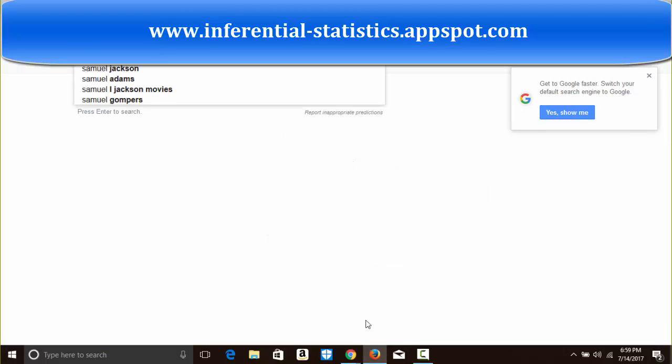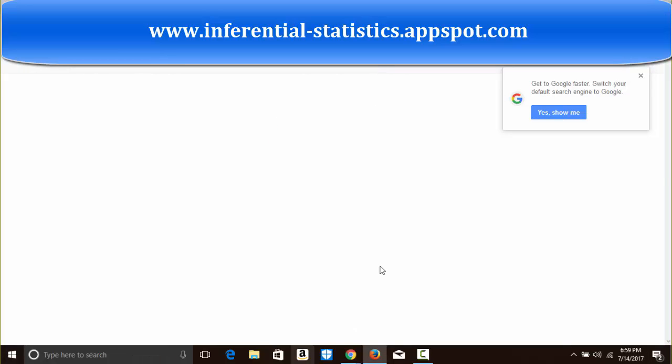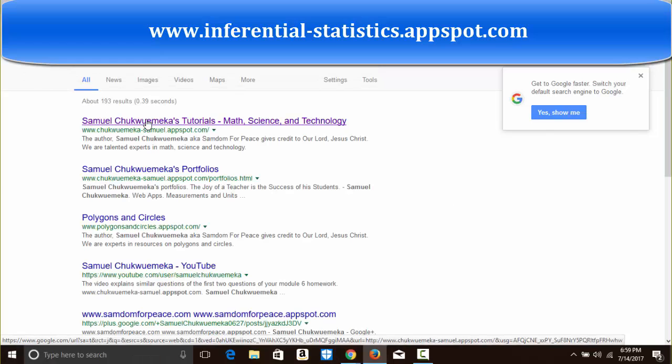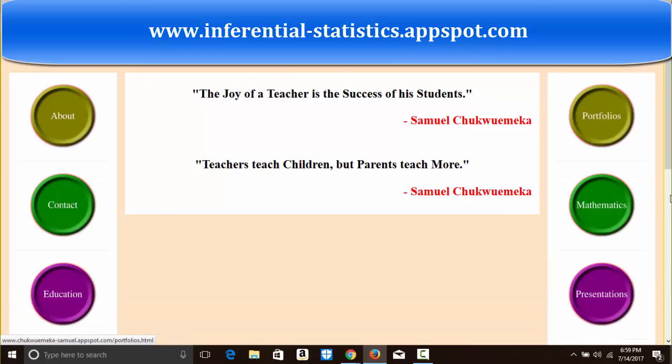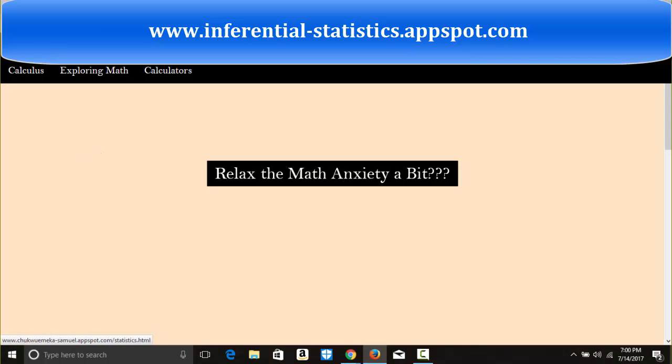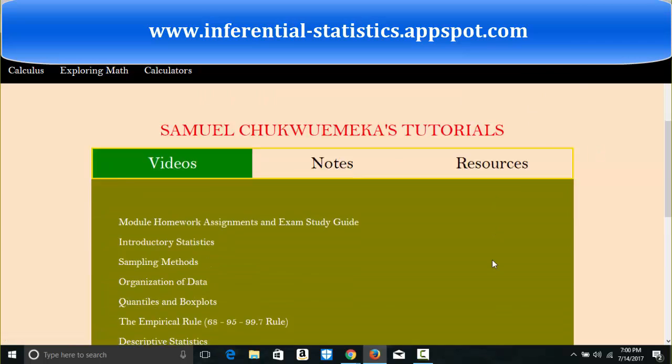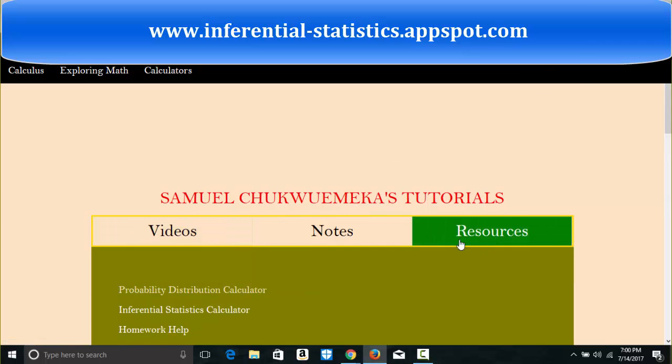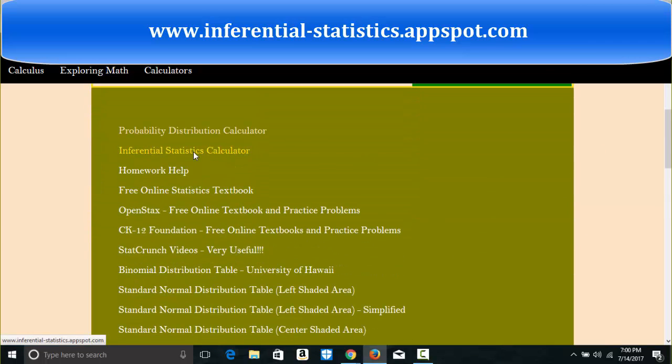So let's get on my website, Samuel Chupu Emeka AppSpot, and the first link here. Click on mathematics and click on statistics, and then the resources here. And this is Inferential Statistics Calculator.